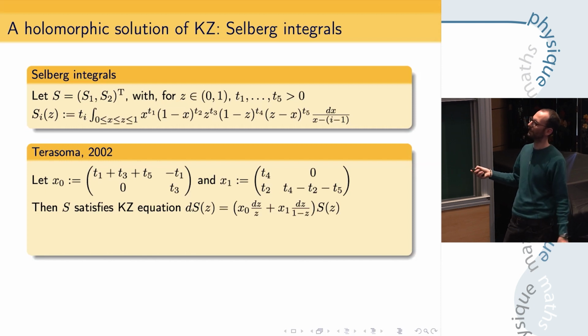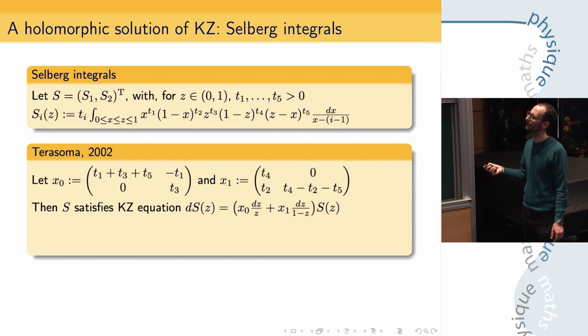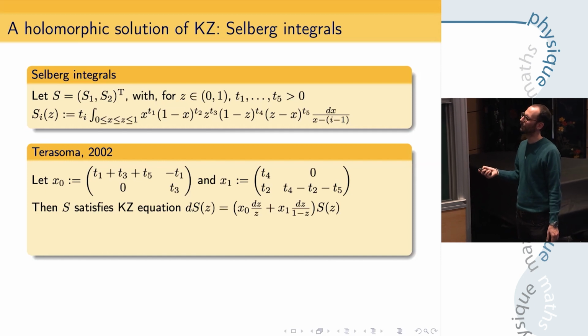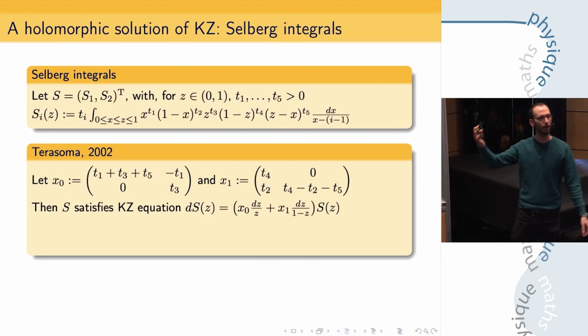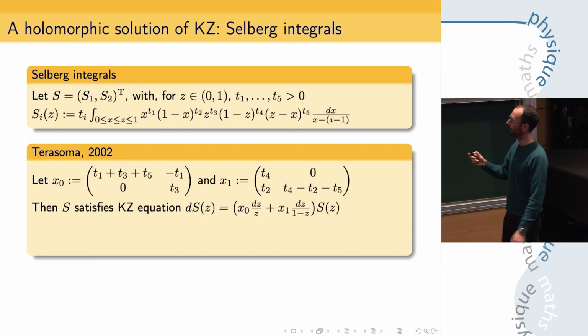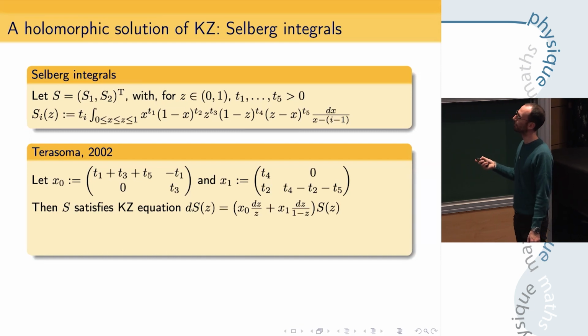Now it's a fundamentally different kind of equation, because you're taking a representation of x0 and x1. Before, x0 and x1 were acting on your solution by just multiplication, because your solution was taking values in formal series in x0, x1. Whereas now this is a vector, and x0 and x1 act on this vector by matrix multiplication.